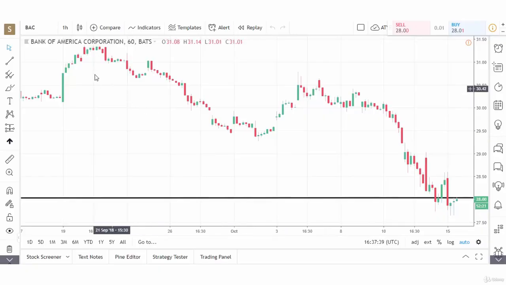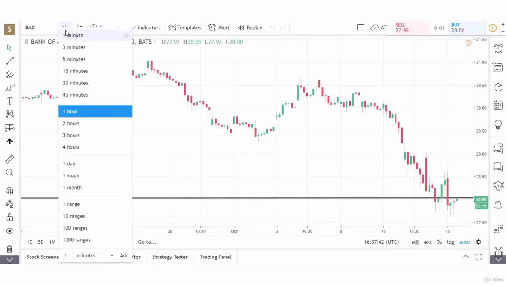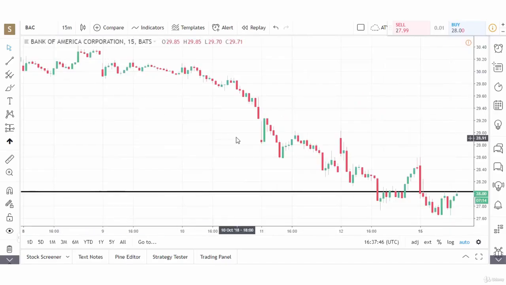Now what we want to do is go up here and look at the 15-minute chart and get a little bit closer in to where the stock is. We can see our support level at 28. The stock is trading just below it, but on the 15-minute chart, we have some positive price action.